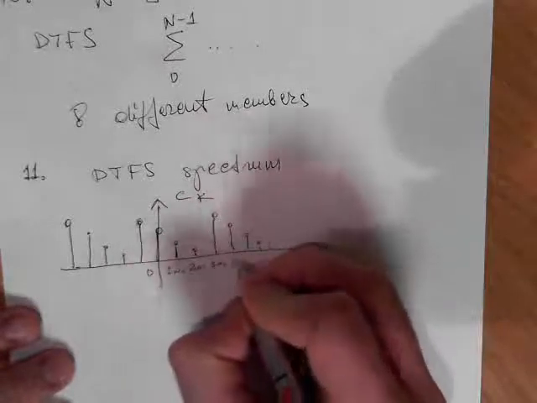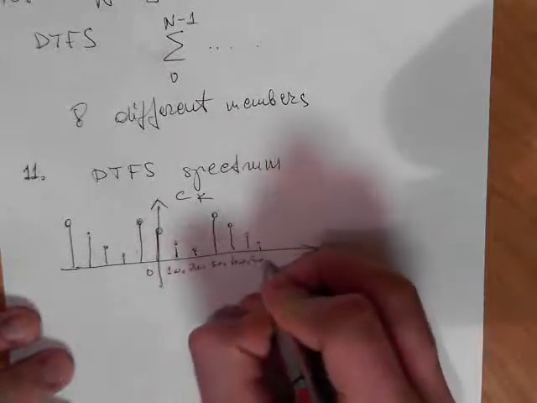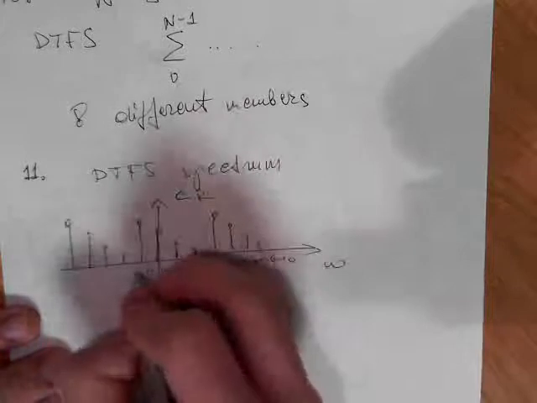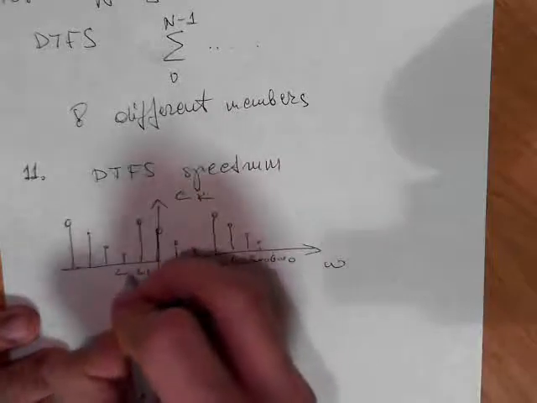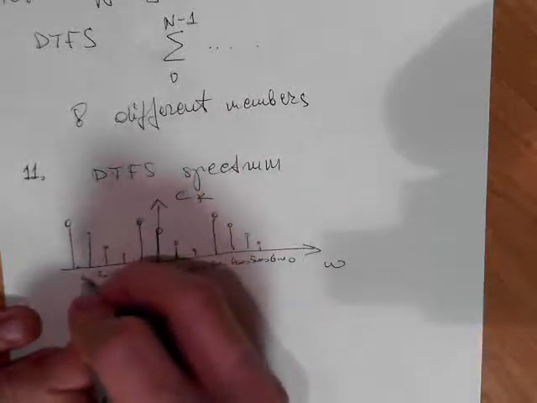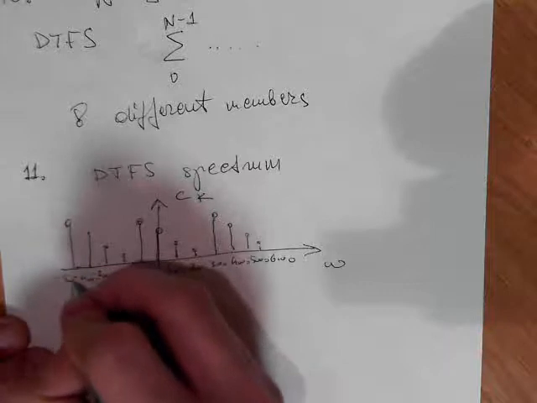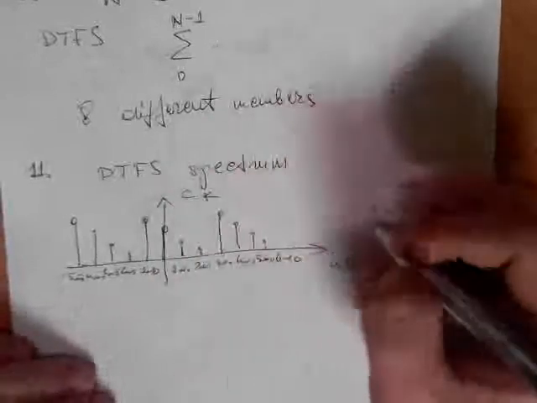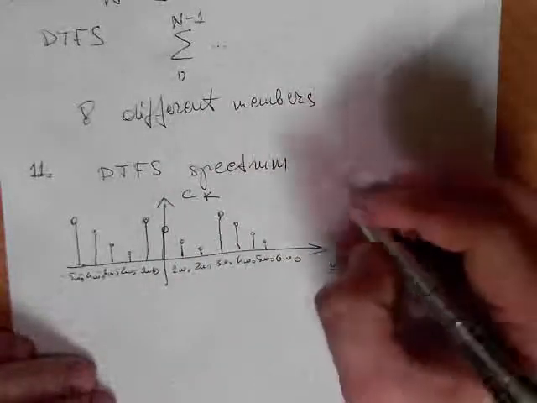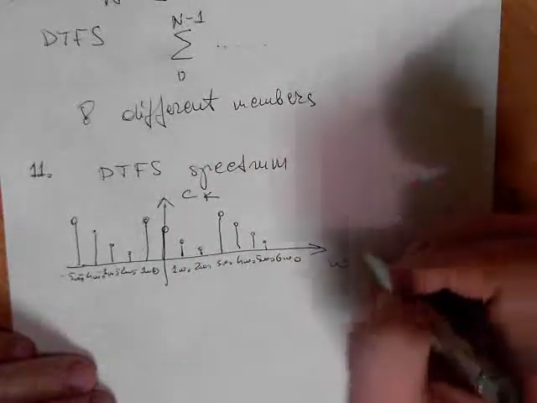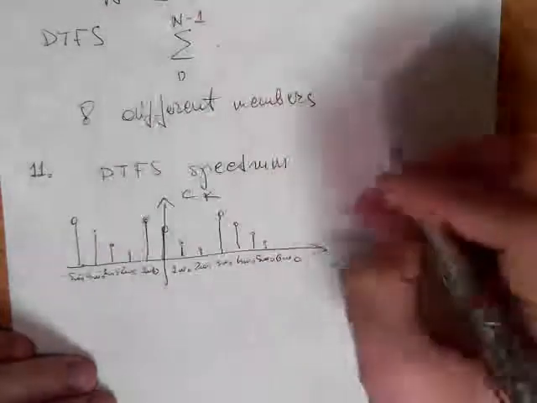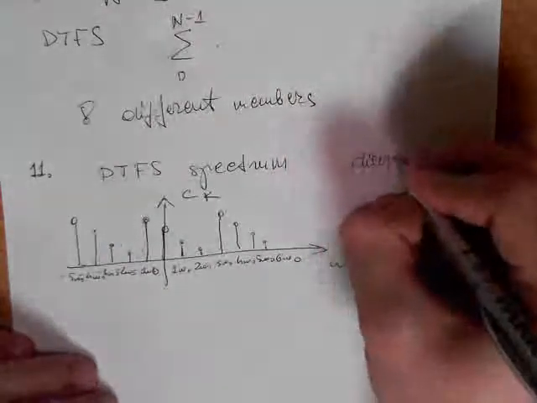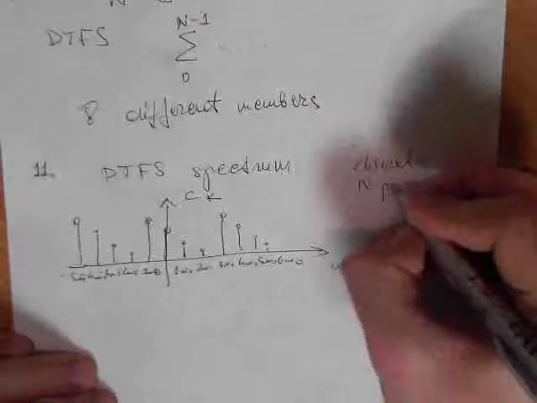3 omega 0, 4 omega 0, 5, 6, minus 1, minus 2, minus 3, minus 4, minus 5. If the discrete Fourier series has a period, the spectrum is discrete and periodic, and that is what you need to know: it is a discrete and periodic spectrum.